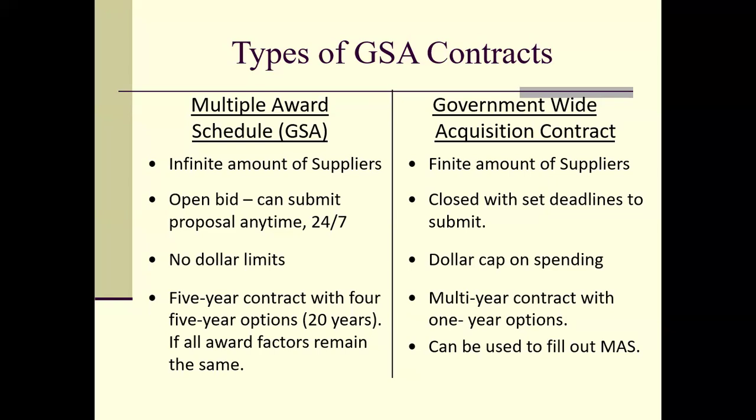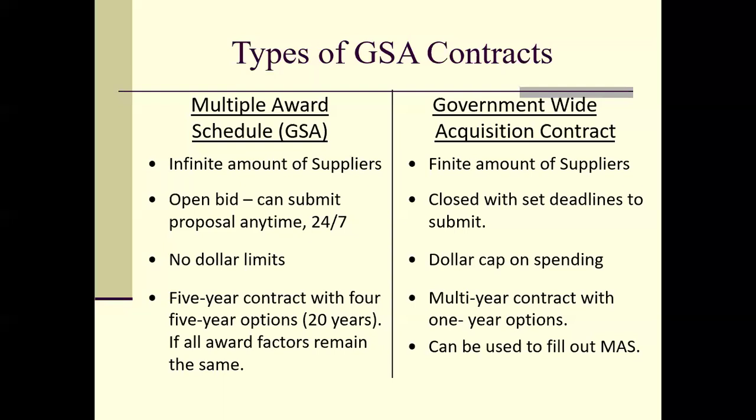There are no dollar limits. That means there's no upward threshold, even though what they say is the vendor has the choice of accepting or not accepting contracts over $500,000. The reason is that it could push you into a whole different set of SINs, and it could take you from being a small business into a large or medium-sized business.